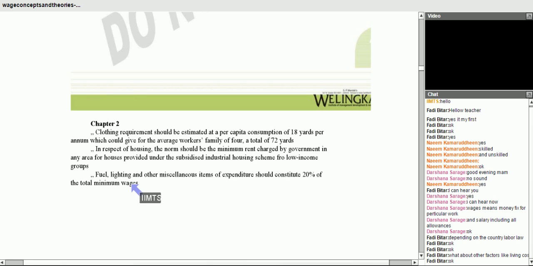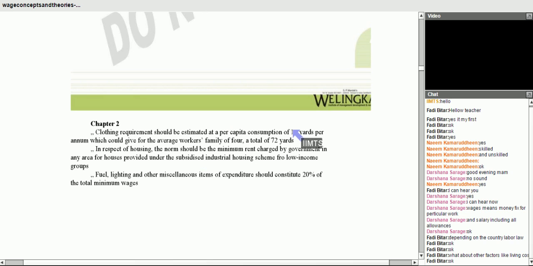First, the minimum wages are worked out. Suppose it comes to 1000 rupees a day. Then 20% of that, which is 200, so 200 rupees a day should be added for fuel, lighting and other miscellaneous expenses. This is how all the calculation is done.